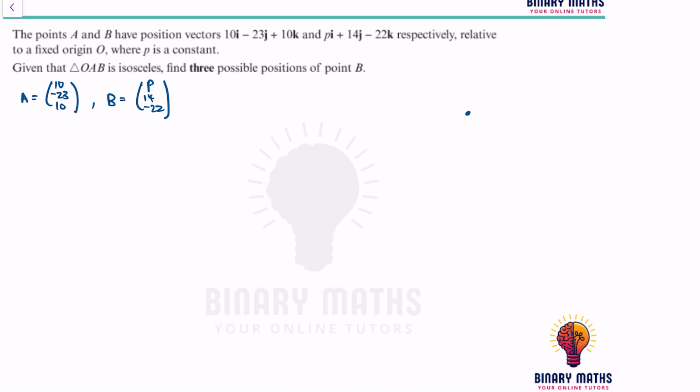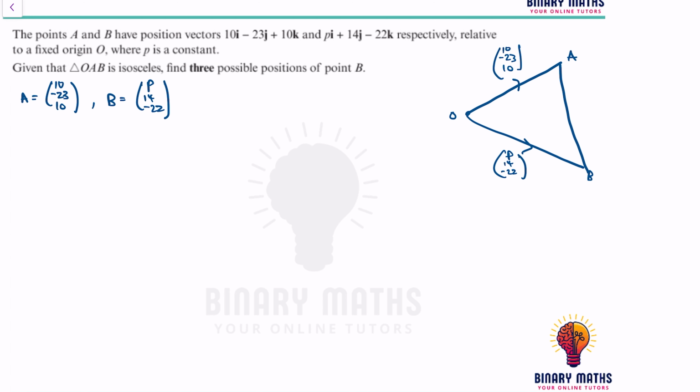So we've got O to A equal to (10, -23, 10) and O to B equal to (p, 14, -22). Given that OAB is isosceles, find three possible positions of point B.